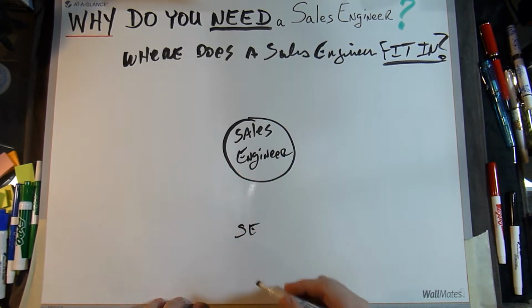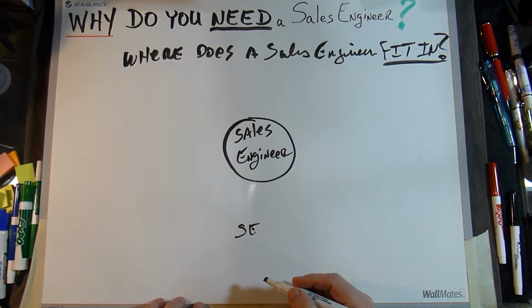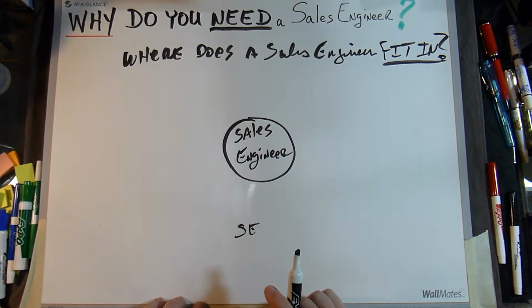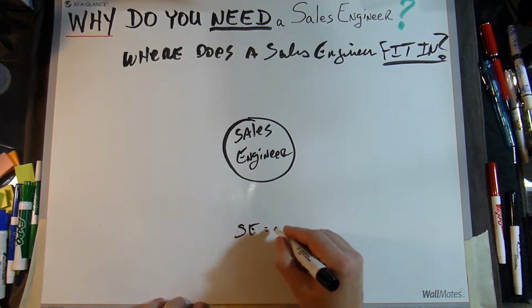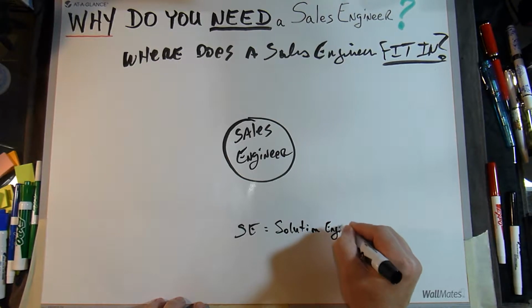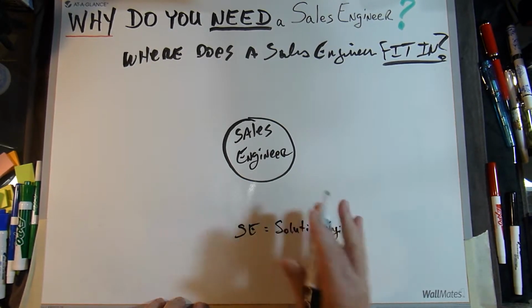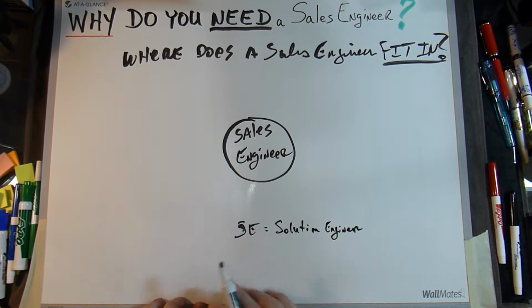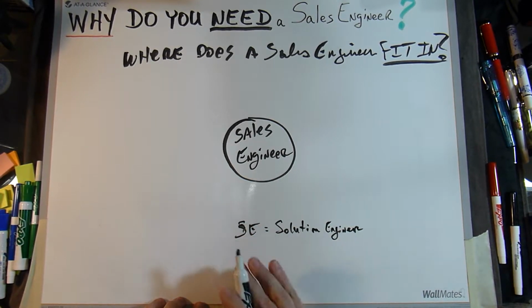One of the problems with the job title sales engineer is over the years many people, not just in HR, have confused ideas as to what a sales engineer is. And sometimes they will say an SE is a solutions engineer, which is definitely not a sales engineer. If I write SE, it might send the wrong signals to people who are already confused enough about what a sales engineer is.